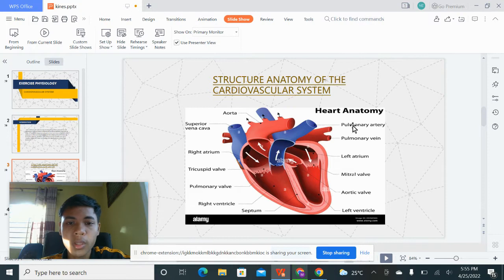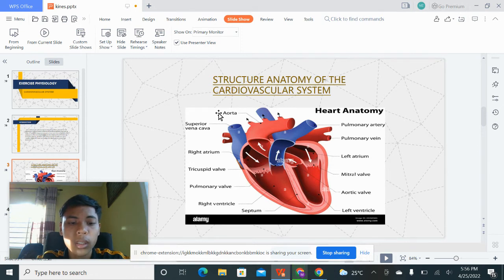Okay, next is structure anatomy of the cardiovascular system. So you can look at the picture. This is example in the heart. First is superior vena cava. Superior vena cava carries blood from the head, neck, arms, and chest. The vena cava is the largest vein in the body. Next is aorta.